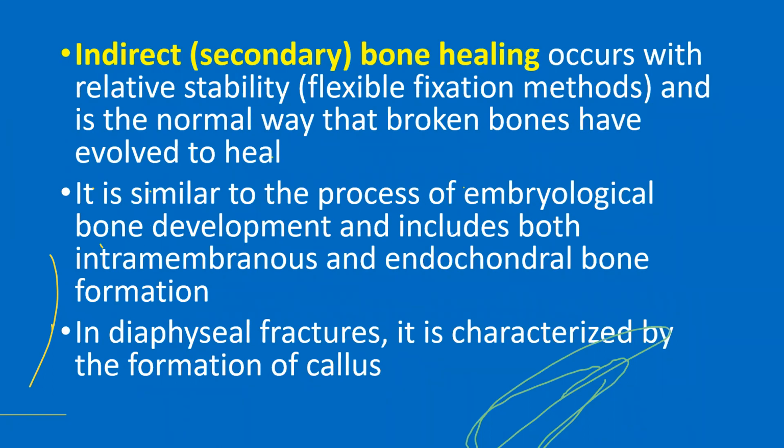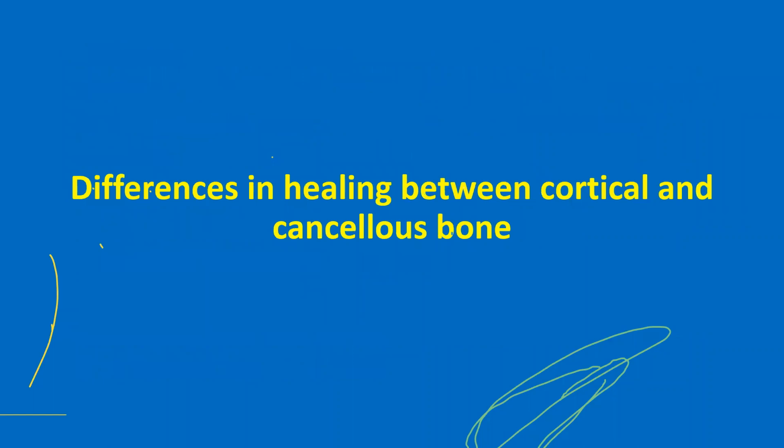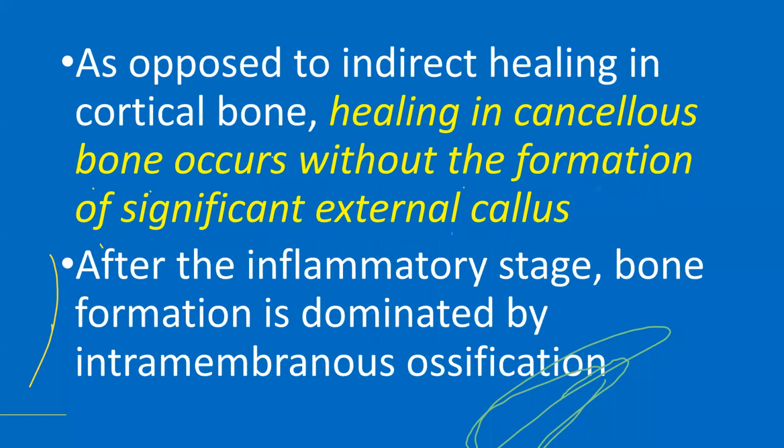Indirect healing, we spoke about it so much, I will not go into it again. There is a difference in healing between cortical and cancellous bone. As opposed to indirect healing in cortical bone, healing in cancellous bone occurs without the formation of significant external callus. After the inflammatory stage, bone formation is dominated by intramembranous ossification.